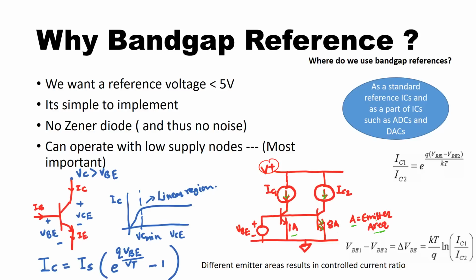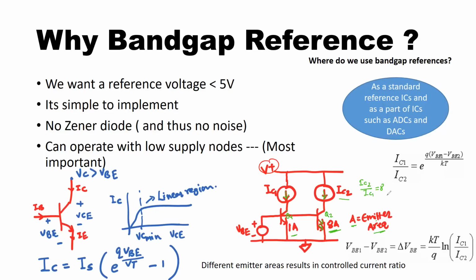So the emitter area of this transistor Q2 is 8 times larger than the emitter area of transistor Q1. The effect of that would be it has a larger current capacity, that is IC2 will be 8 amperes, 8 times, and the current ratio, IC2 divided by IC1, will be 8.